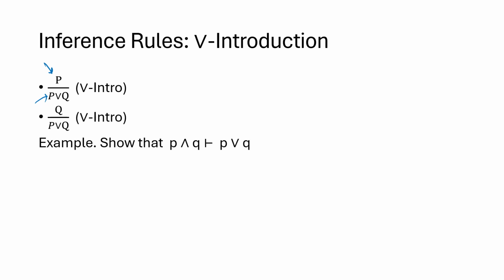Now here's an example. We have one premise, which is P and Q. That's the only premise that we have. And we want to show that from that we can infer P or Q. Okay, so if you remember, we start by listing our premises. In this case, we have only one, P and Q, so that's my premise. Then, after listing all the premises, we apply the rules of inference to the previous lines to get new formulas out of the ones that we either assume to be true or know to be true.